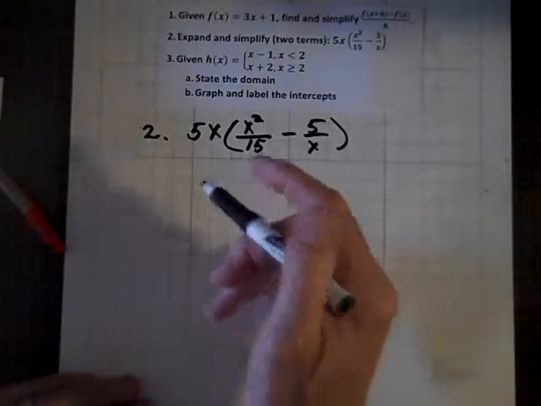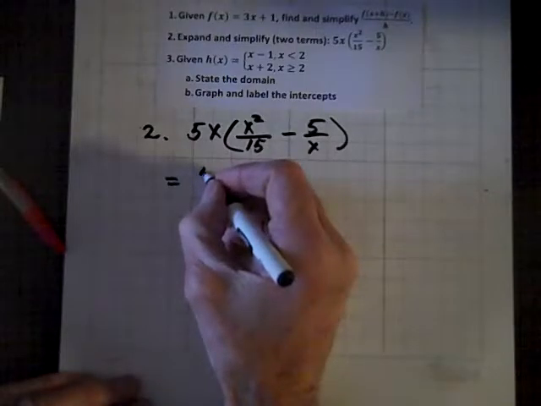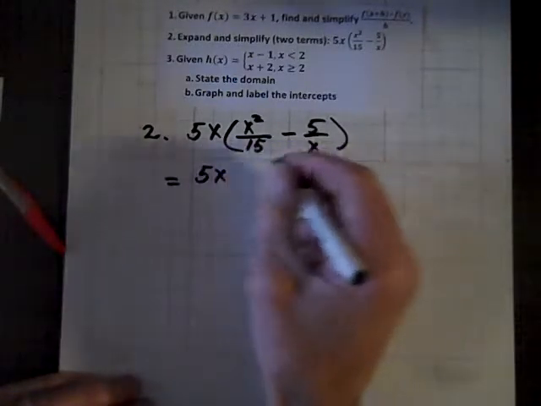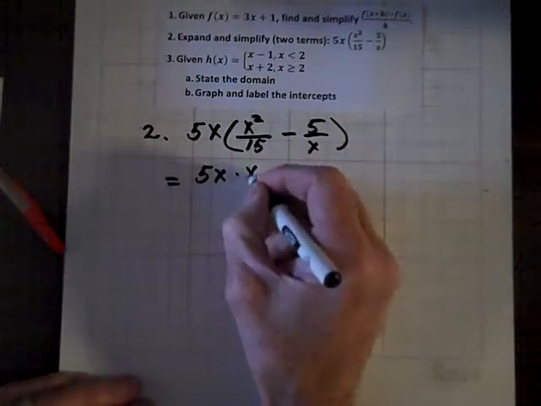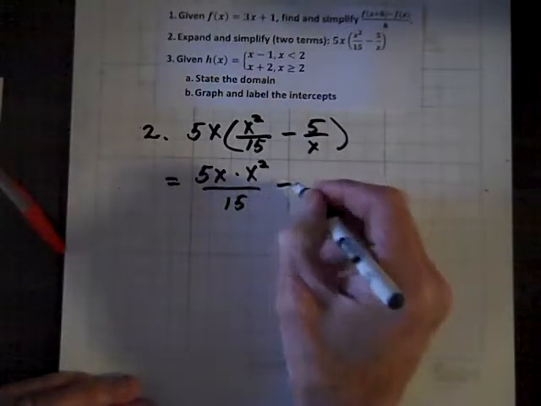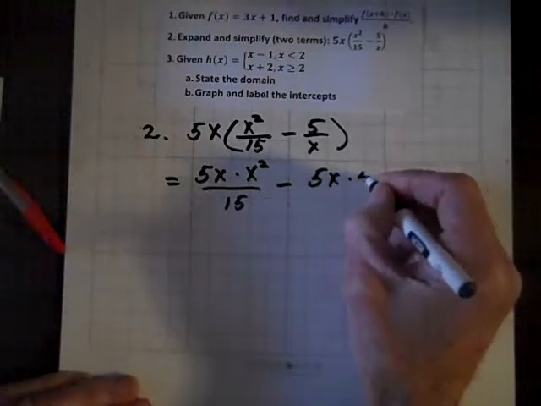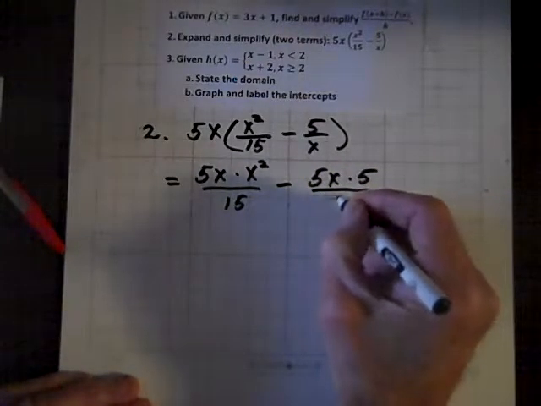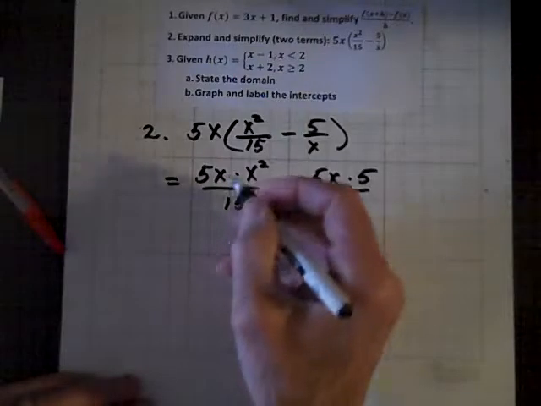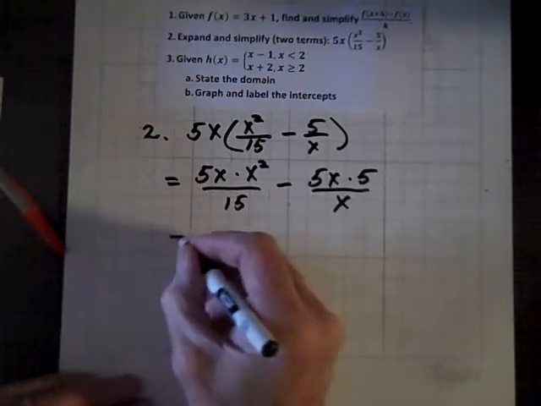In other words, we're going to reduce. So now this equals 5x, distributing this 5x times x squared over 15 minus 5x times 5 over x. And now we will simplify or reduce these fractions.